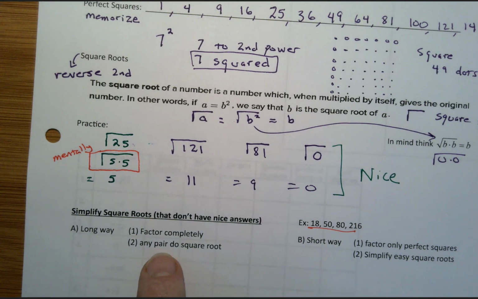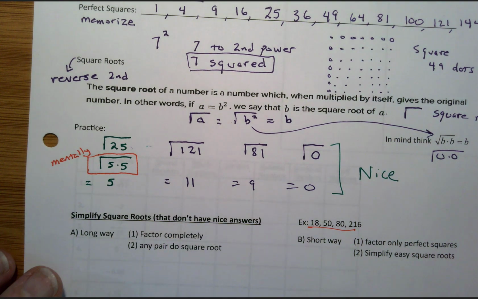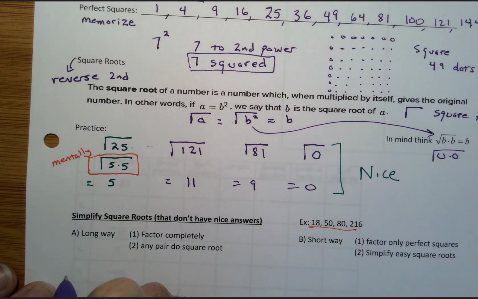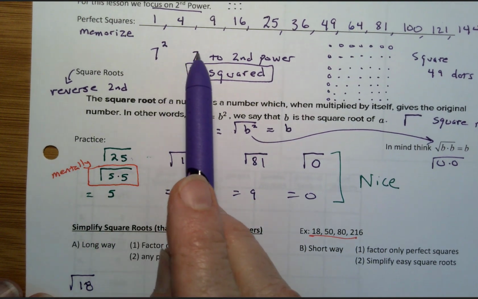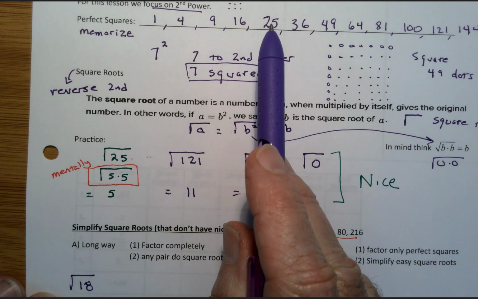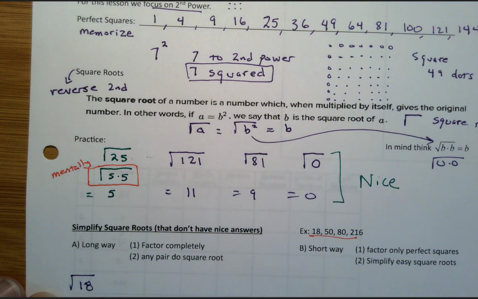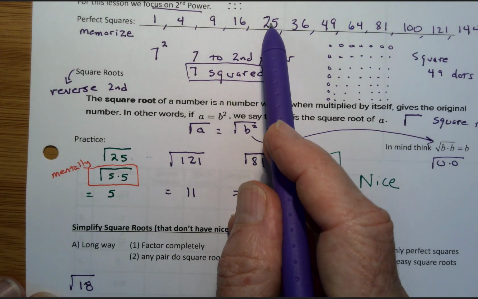But what I want to do is simplify square roots that are not easy. For example, the square root of 18. Notice 18 is not one of the perfect square numbers. 16 is, 25 is, but not 18. The square root of 16 is 4, and the square root of 25 is 5.